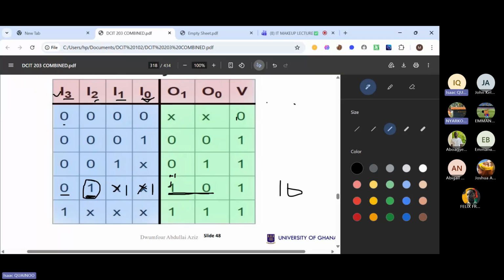Okay, so the correct answer is 10. Exactly. So you can see right here they give a reason. It says that since D3 is 0, the next highest active input is D2. The output for the index 2 is binary 10.